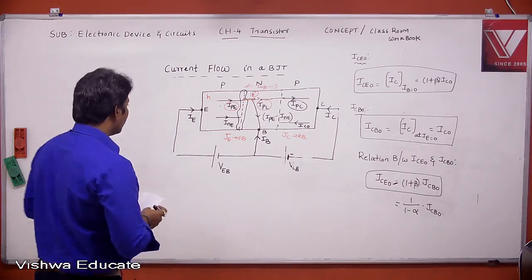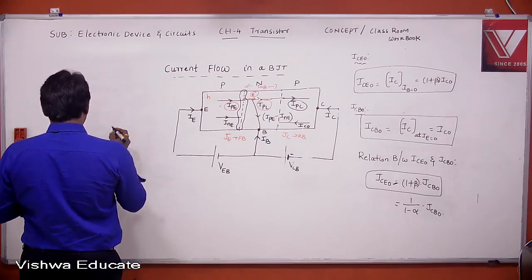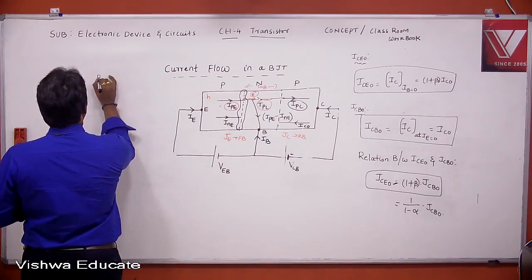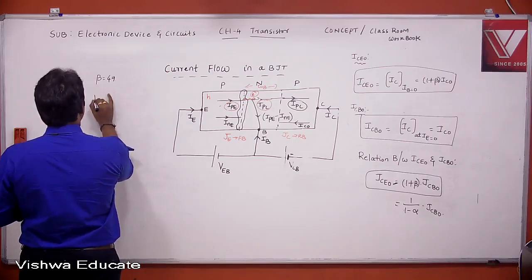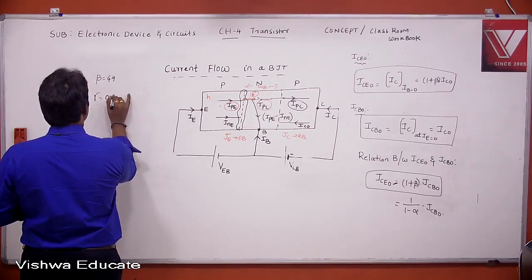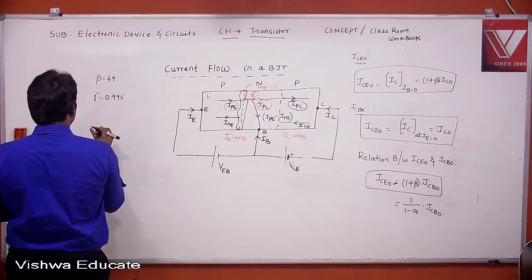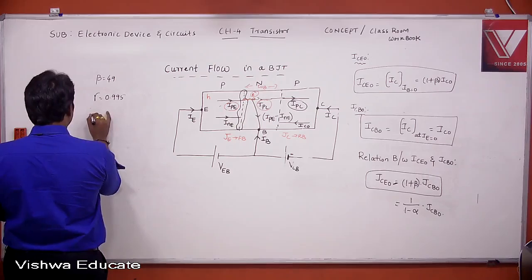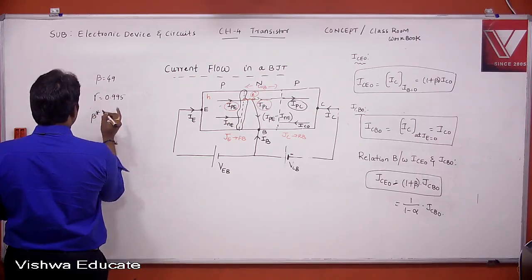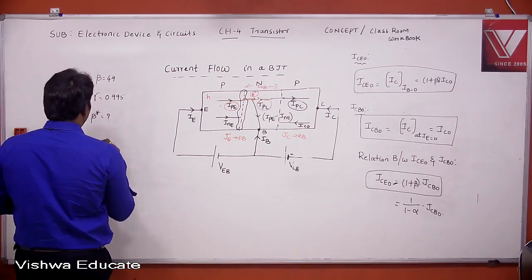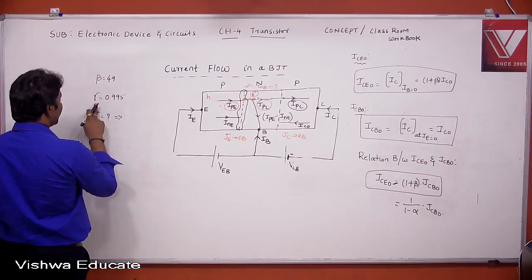Right. All of you read the question once. What is the given data? Beta equal to 49 and gamma is nothing but 0.995. What we want to calculate here? Base transport factor, which is nothing but beta star. What is the relation between transport factor and emitter efficiency?